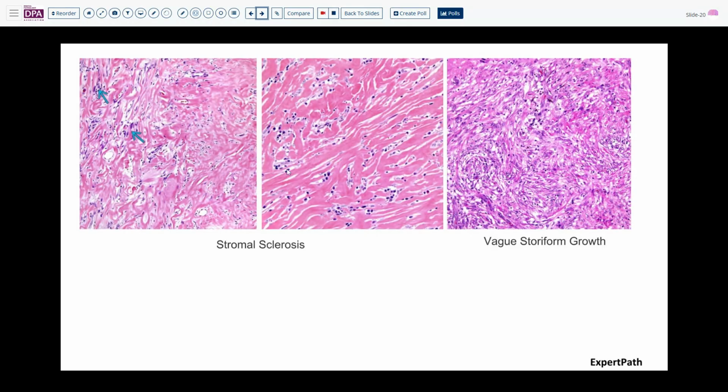Because in between the cells, we can see this thickened collagen bundle, but no nucleus inside. If we see a lot of nuclei, we should call this fibrosis, not sclerosis. And then they can form this rake-like storiform growth pattern.